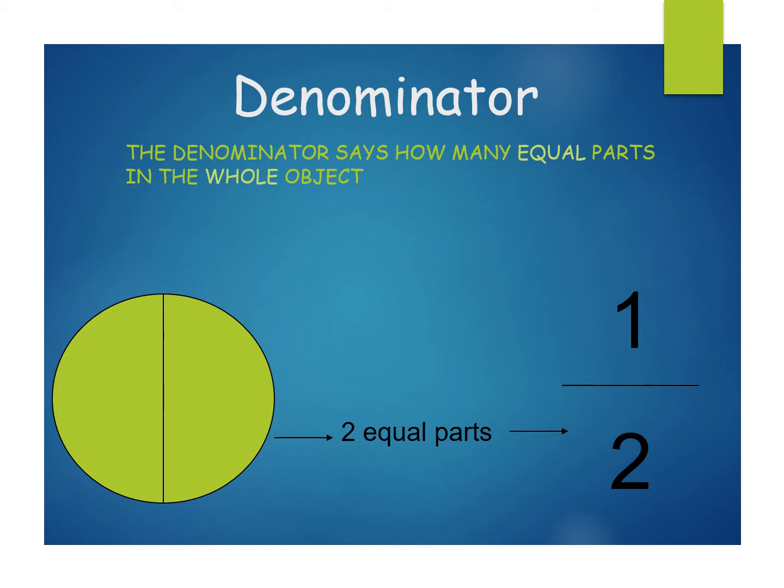Denominator. The denominator says how many equal parts are there in the whole object. So we have been given this figure, and we can see that it is divided into 2 equal parts, 1 part and 2 parts. So the denominator will be 2 over here because the number of equal parts are 2.